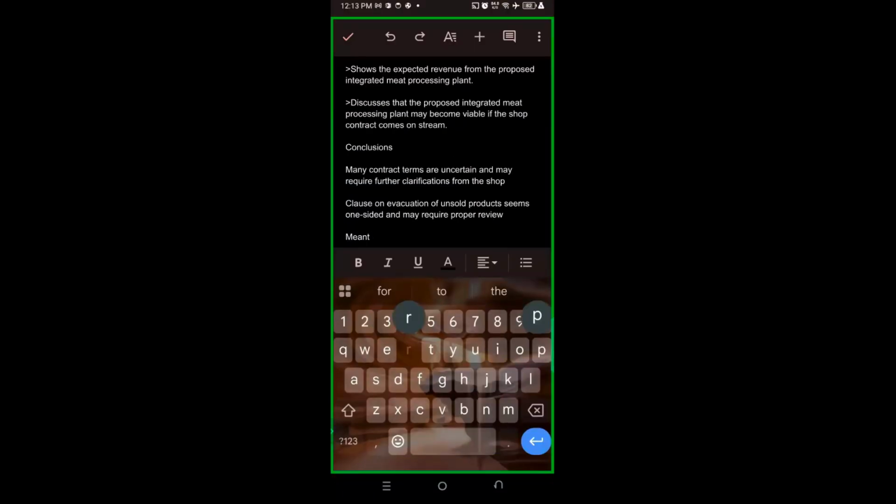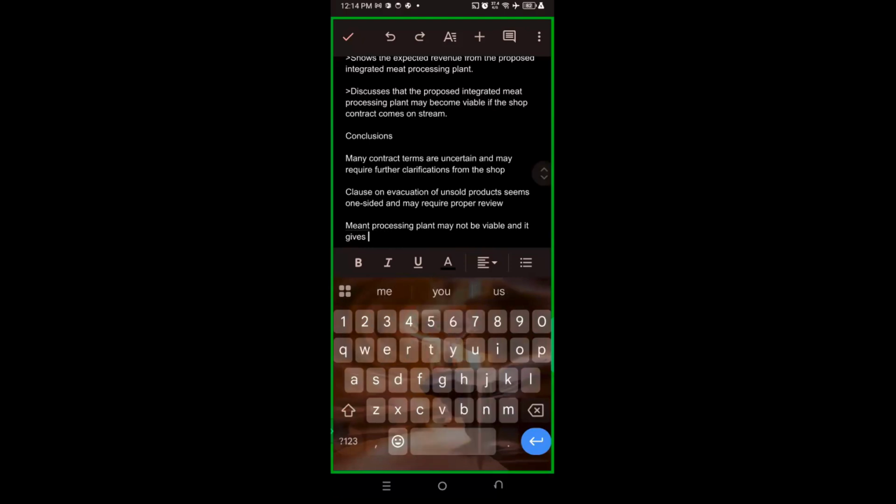The meat processing plant may not be viable as it gives a negative NPV.